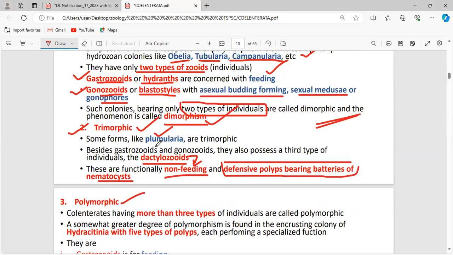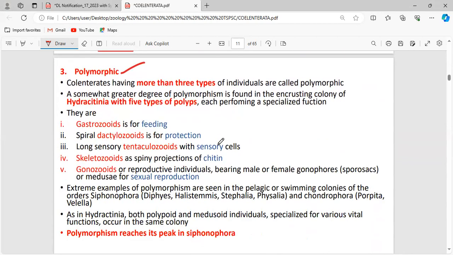Gastrozoids for digestion, gonozoids for reproduction. Okay, fine. Now, if the coelenterate exhibits more than three types, then it is said to be a polymorphic form. What is the example of an organism which exhibits the polymorphic form? Hydractinia.